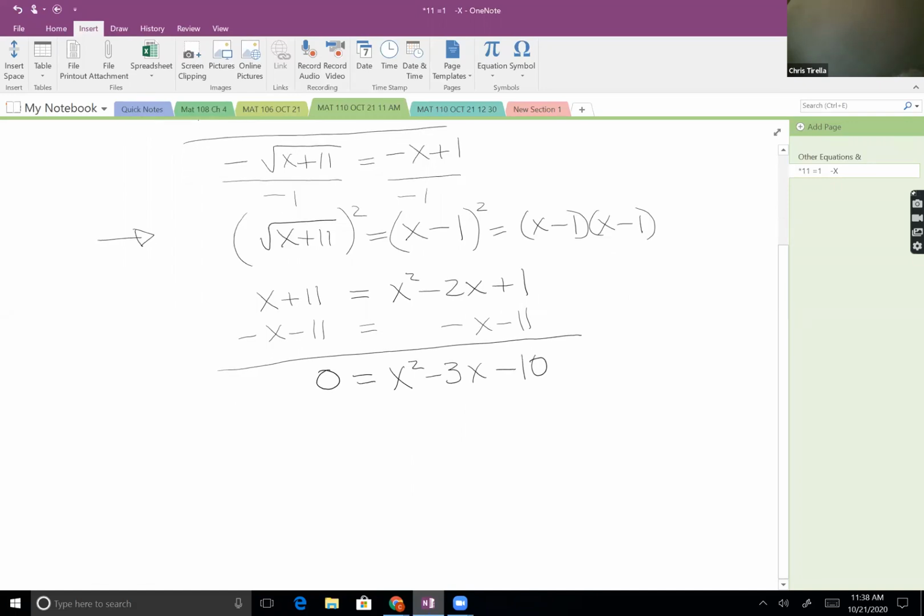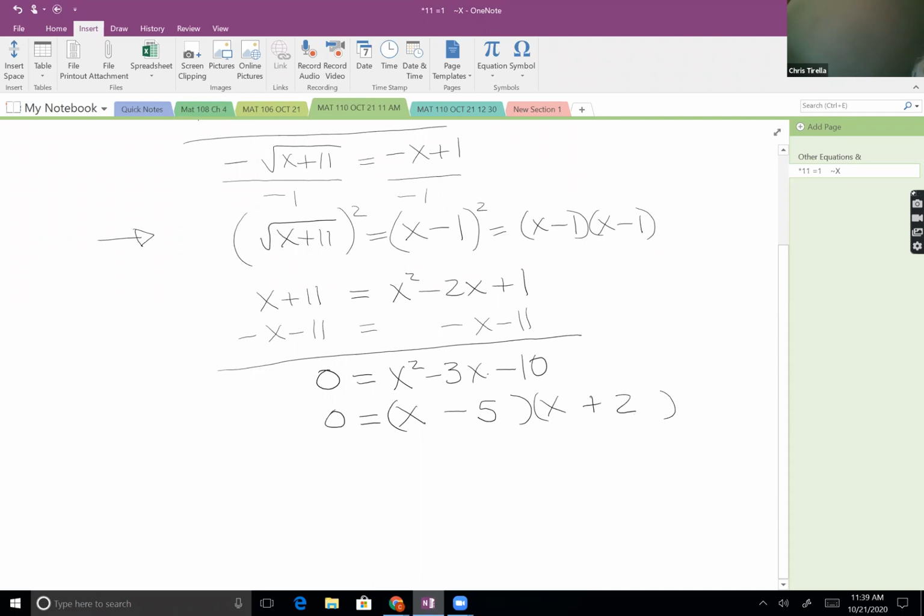And again, to solve that, you have a whole bunch of tricks up your sleeves. Factor, square root property, complete the square, or the quadratic formula. But again, I think this one's a pretty easy factor. Again, though, if you're one of those people who would do anything rather than factor, you can use the quadratic formula. But that 10, I'm going to think of it as minus 5 times 2.